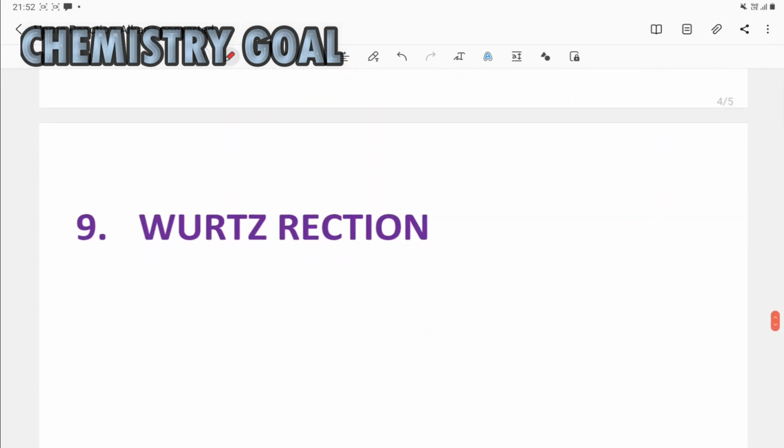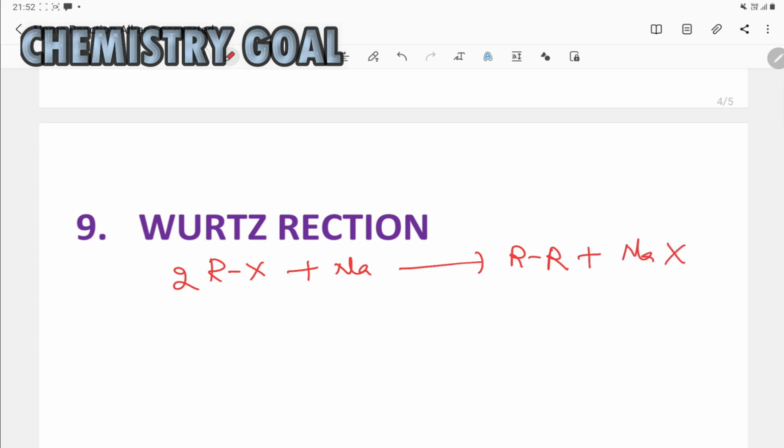Another very important reaction in alkane is the Wurtz reaction. Haloalkane reacts with sodium metal. Alkane is obtained with the loss of sodium halide, so haloalkane is converted to alkane when treated with sodium.